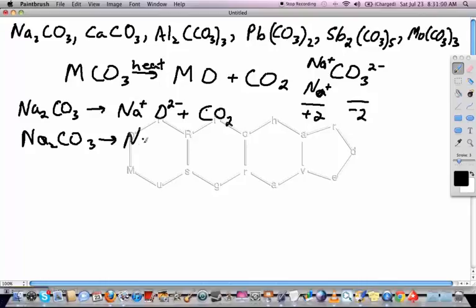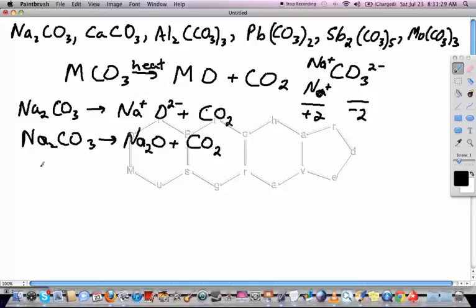So the metal oxide is going to have the formula Na2O. After that, we can go ahead and balance it. You can see we've got two sodiums here, two sodiums here. We've got one carbon here, and one carbon here. We've got 3 oxygens, and we've got 1 plus 2 is 3 oxygens. So this one's already balanced.